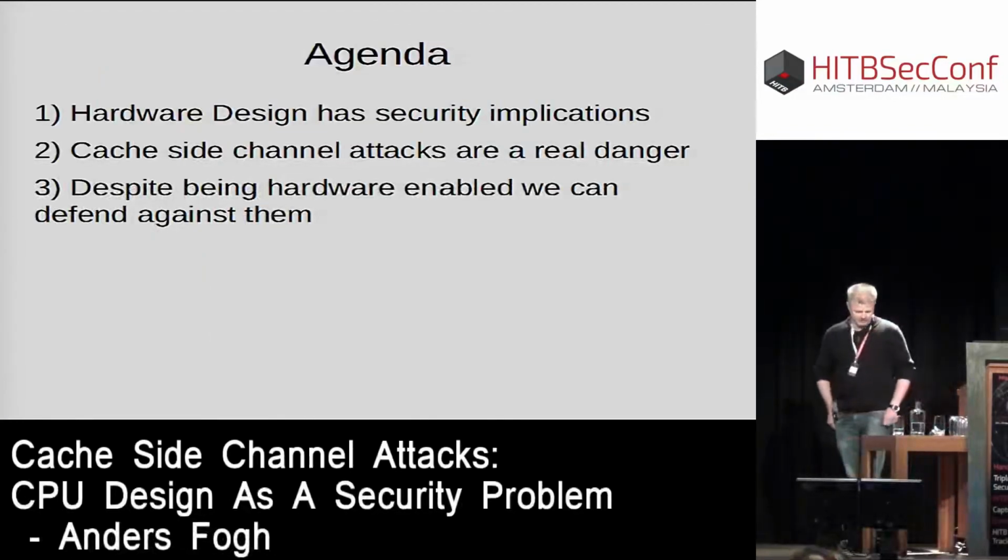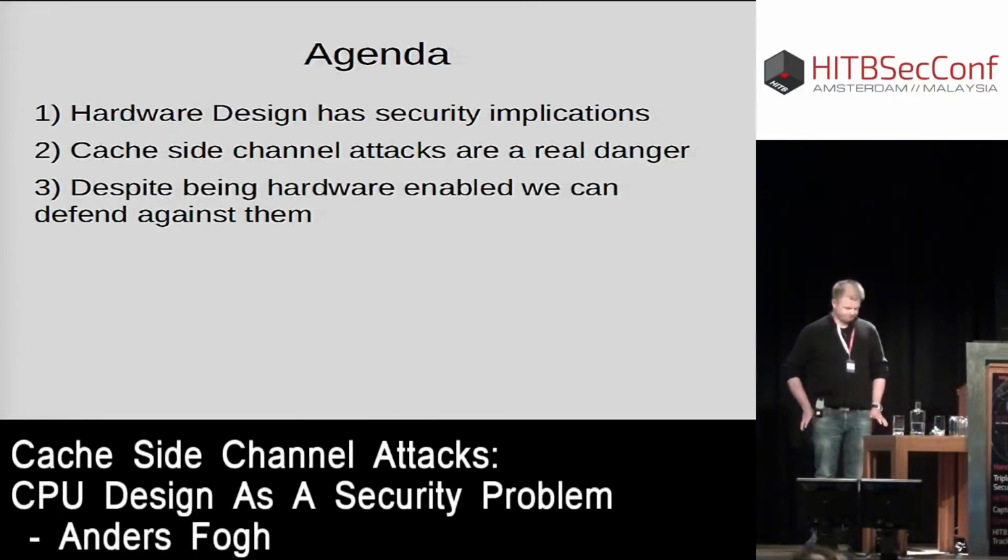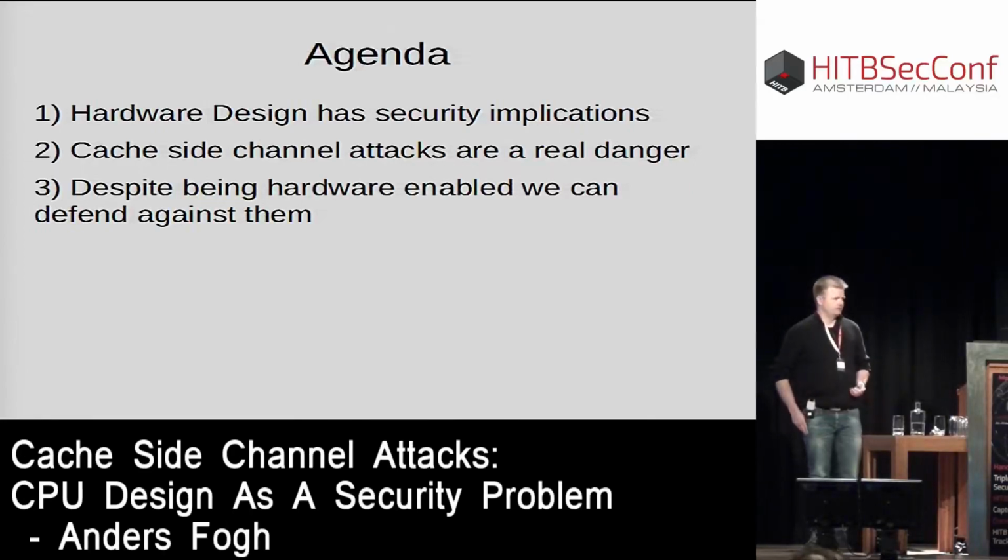So when I prepared for this talk, I was thinking about what it is that I want to bring across here. So I made an agenda for myself, and I decided to put it in a slide. The first point that I want to make is that hardware design has security implications. What I mean by that is in fact a lot more than just that statement. The first thing is, usually we think that if the software is written correctly, we will be safe.